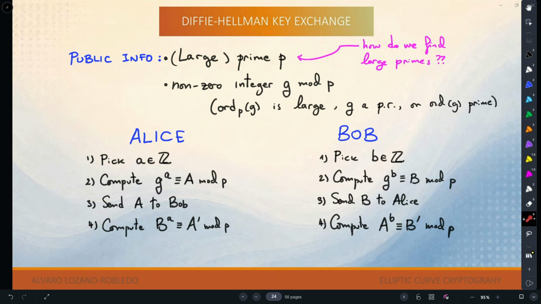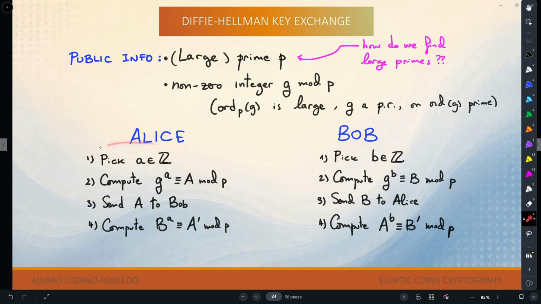We keep changing them. So we fix a very large prime. Later we will also talk about how to find very large primes. We also fix a non-zero integer g modulo p that has a large order. It doesn't have to be a primitive root, but it helps if it has a very large order, and in many cases it also helps if the order of the element itself is prime.